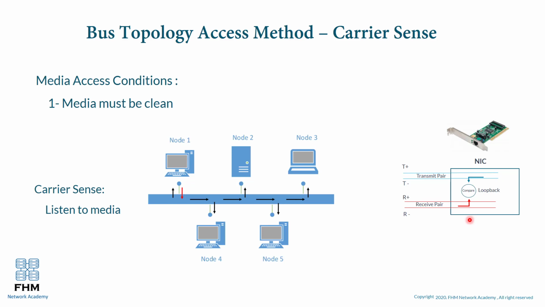So if any node receives signals on the receive pair of its NIC, it means the node should wait until the media is clean. To sum up, to meet the first condition of bus topology, which is that the media must be clean, every single node should listen to the media, and if the media is not clean and there is a signal on the media, the node should wait for the media to be clean.